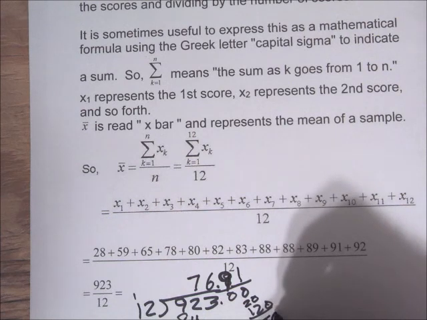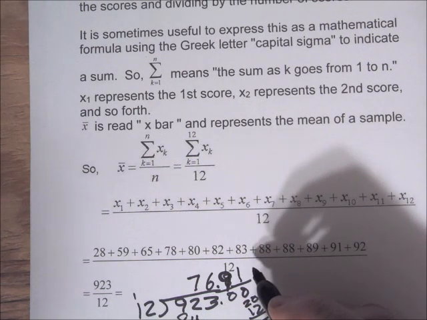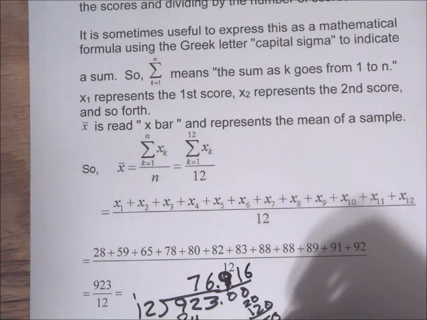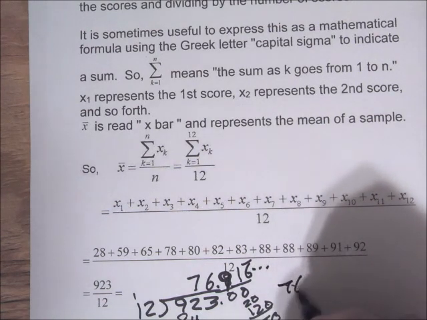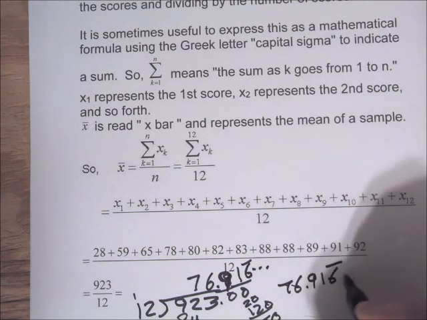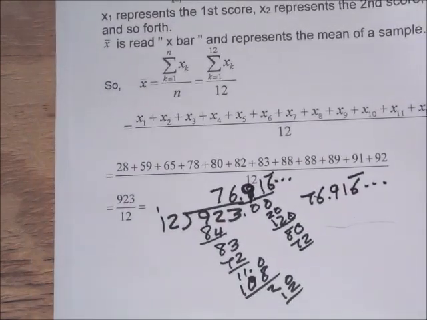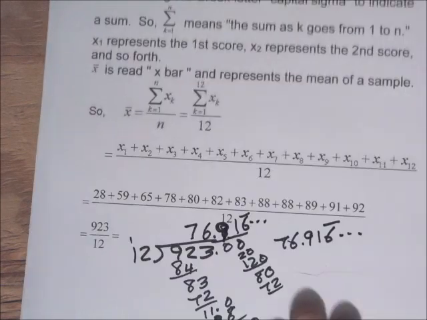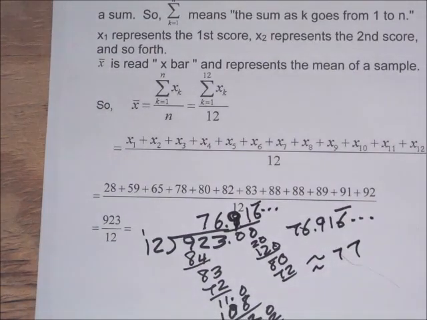Okay, remainder 8, bring down a 0. 12 into 80 goes 6 times, and we'll get repeating 6s. So it's 76.916 and repeating 6s. Okay, so that's the mean. We'll say approximately 77.